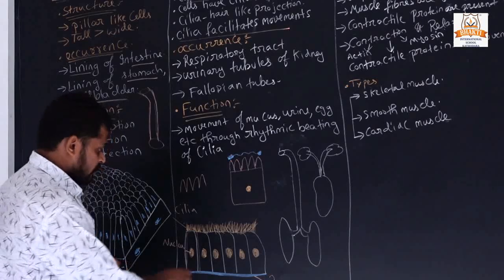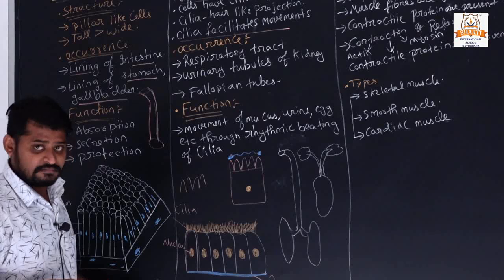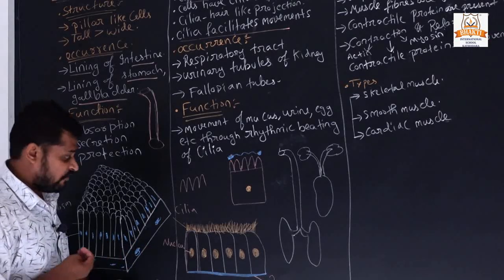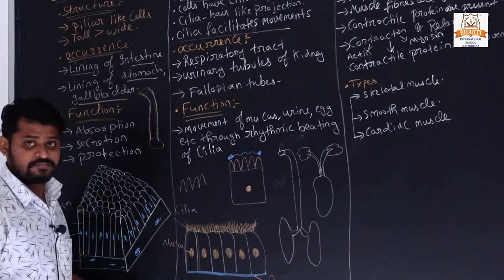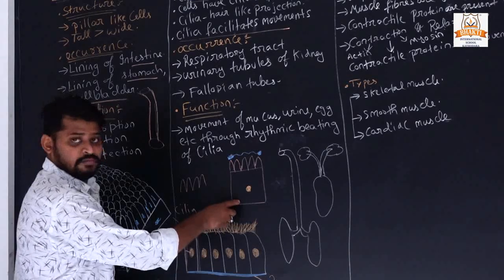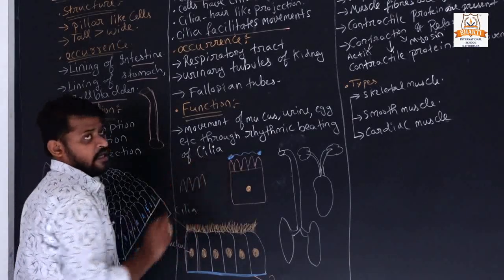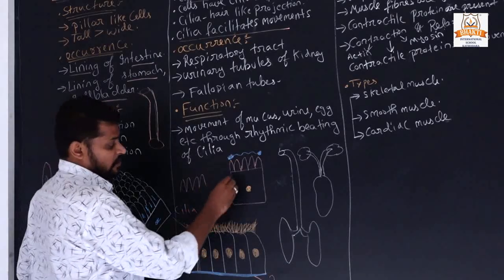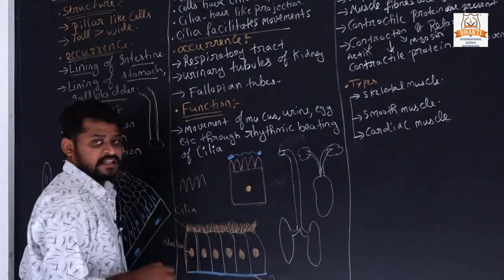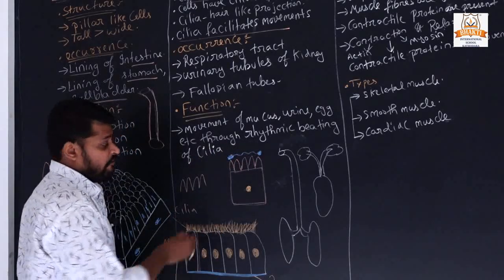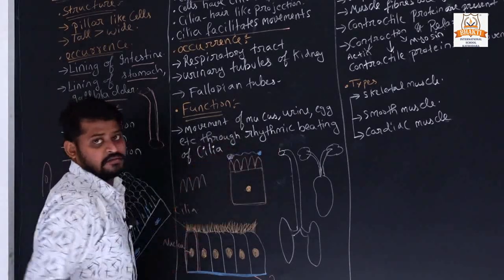We all know the cell has a basement membrane, it needs a surface, but it is not able to move, so for movement they use cilia. How? You will see that this is a cuboidal surface in which the nucleus is present and cilia are present. If I want to move this object from here to here, what happens?